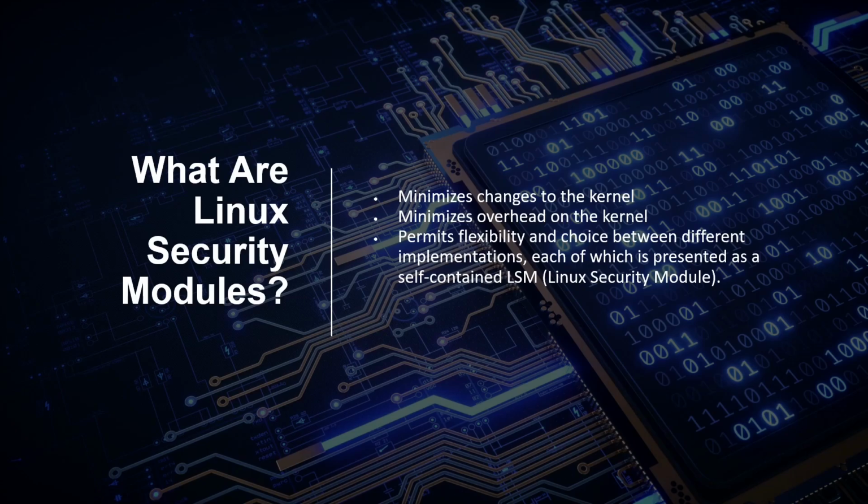The idea is to implement mandatory access controls over the variety of requests made to the kernel, but to do so in a way that minimizes the changes to the kernel, minimizes overhead on the kernel, and permits flexibility and a choice between different implementations, each of which is presented as a self-contained LSM, Linux security module.